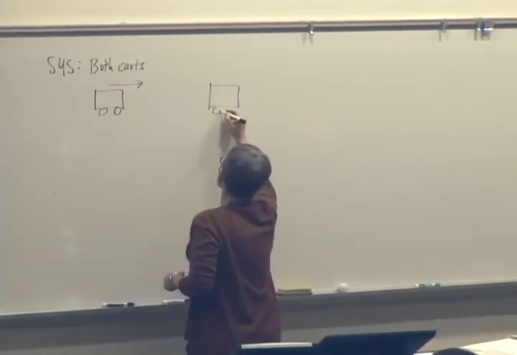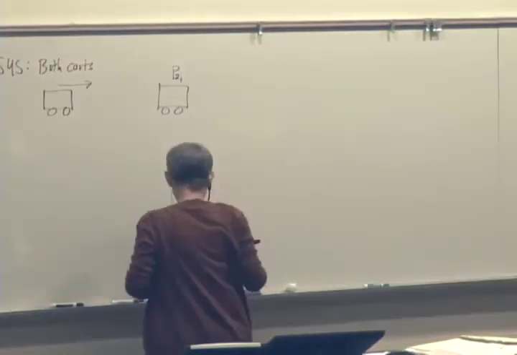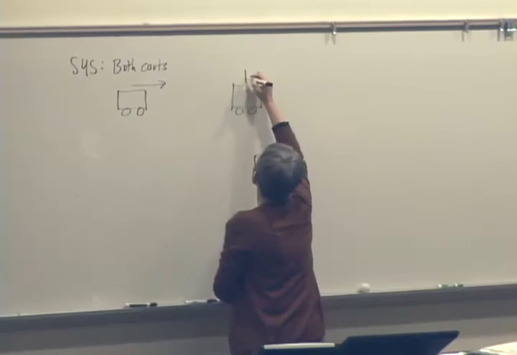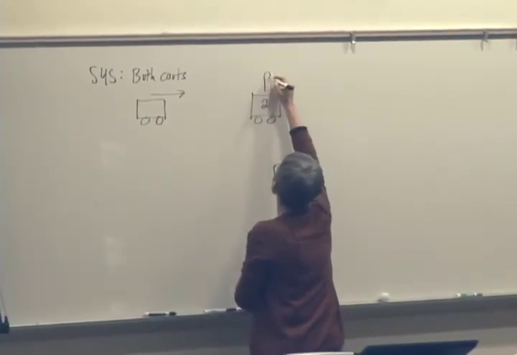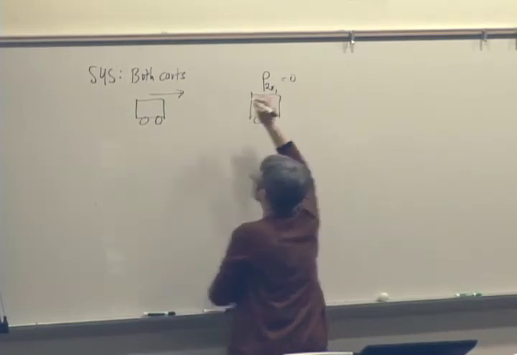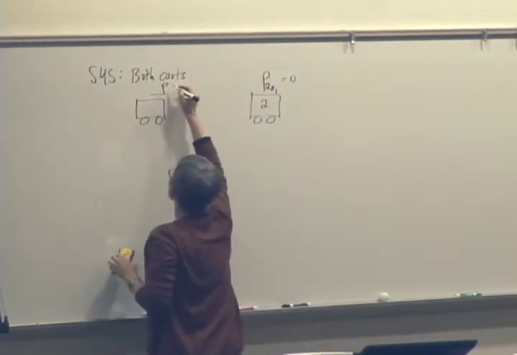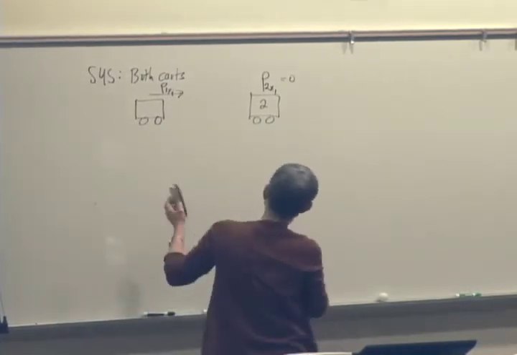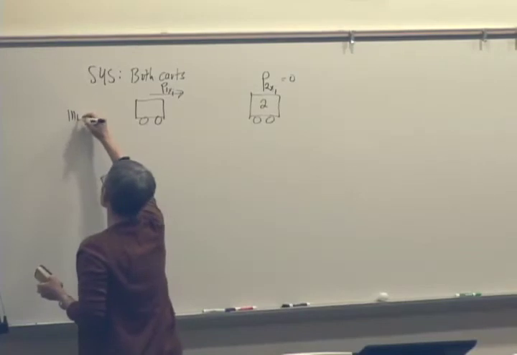This one is going to be at rest. So we'll talk about x components of momentum. So this is cart 2, P2x initial is 0, and P1x initial is whatever it is.